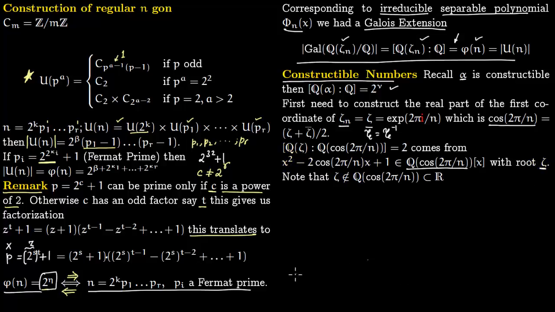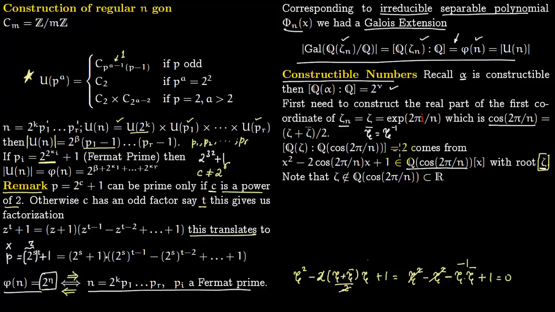You plug in ζ here, and you get ζ² minus 2 times cosine 2π/n times ζ plus 1. Cosine 2π/n is nothing but (ζ plus ζ conjugate) divided by 2, and instead of x we plug in ζ. So you can see that this cancels out, and this is equal to ζ² minus (ζ² plus 1), plus 1. This will give you minus 1 plus 1, which is 0. So ζ is a root of it.